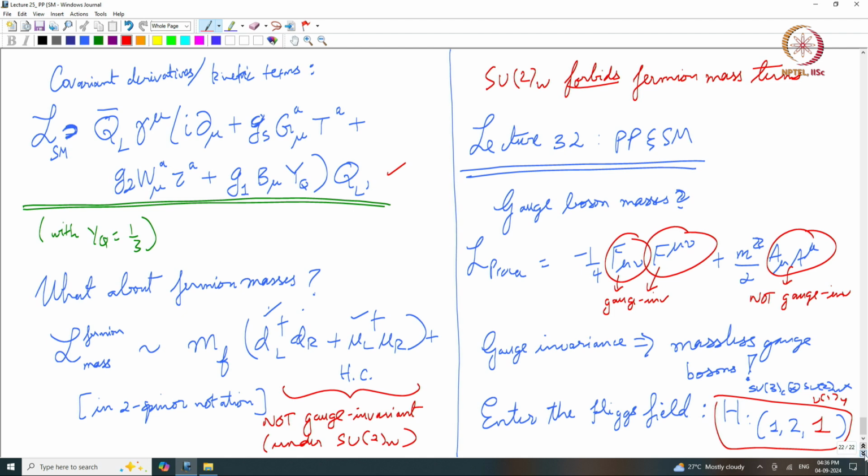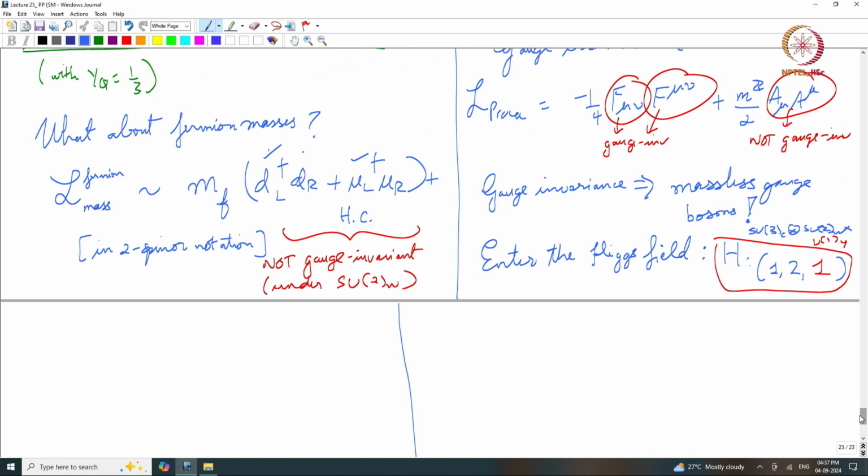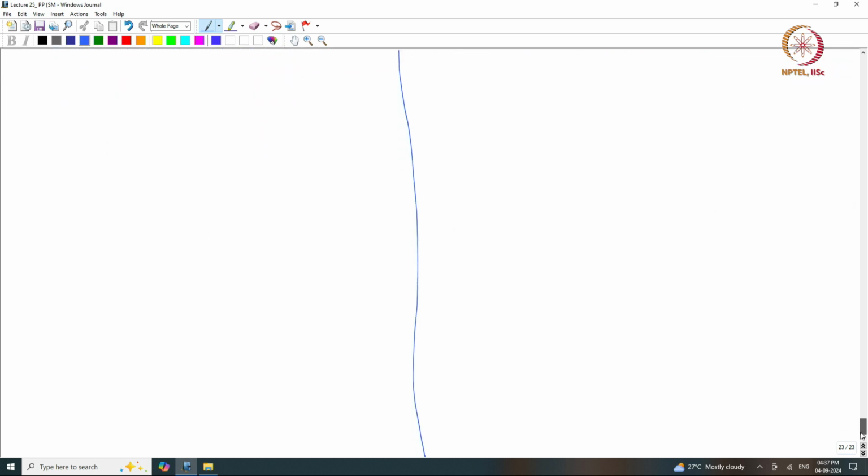Now if those are the quantum numbers of the field, so that terminology is clear, right? Quantum numbers, I just mean how does the field transform under each of the groups. If those are the quantum numbers, then you will see that I can write one more piece of the Lagrangian, okay. I am going to call it a Yukawa Lagrangian, that is why I am writing Yuk, okay.